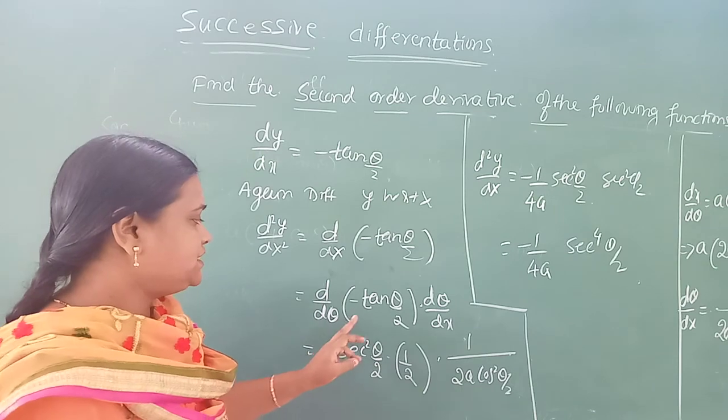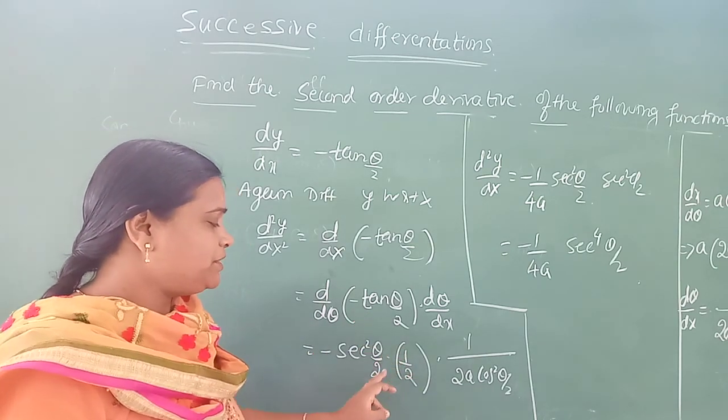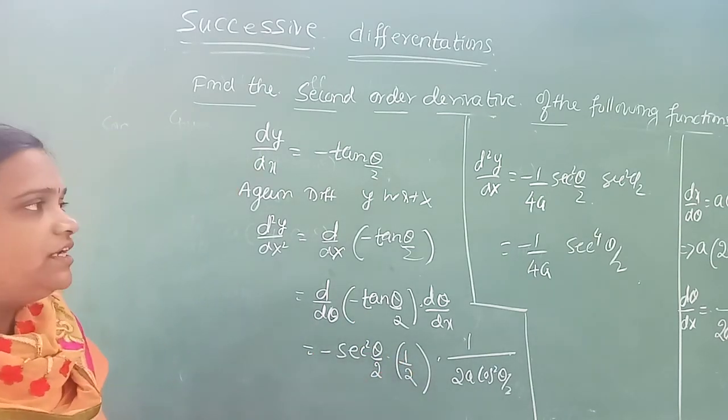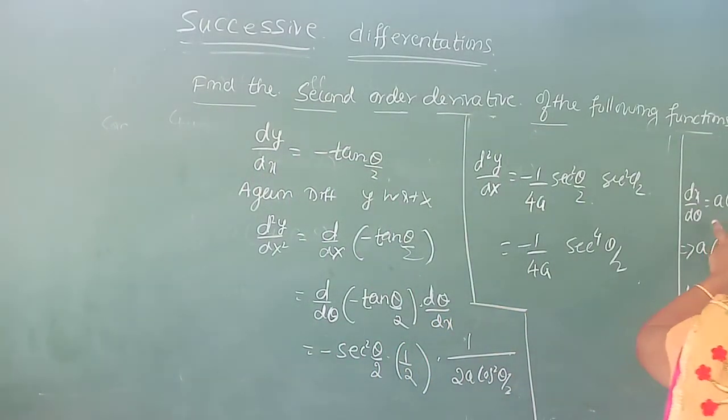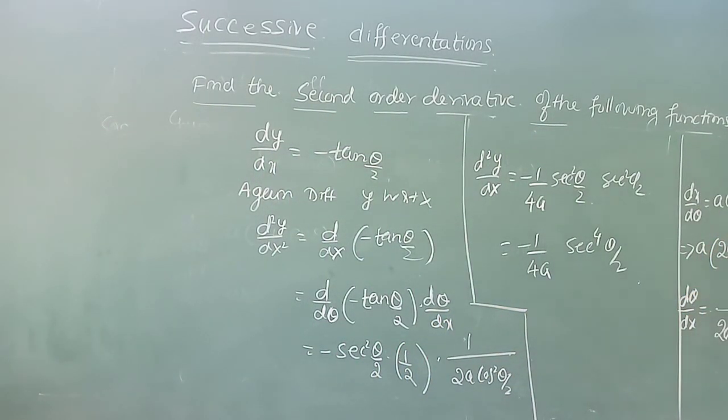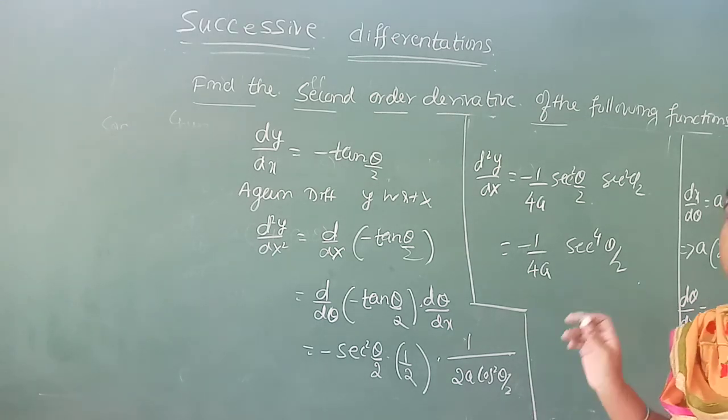And d by d theta is secant square theta by 2. Theta by 2 differential is half. And see, we already calculated dx by d theta, that is a into 1 plus cos theta, which is 2 cos square theta by 2. d theta by dx we will get 1 by 2a cos square theta by 2. Okay, substitute and we will get this as the answer.